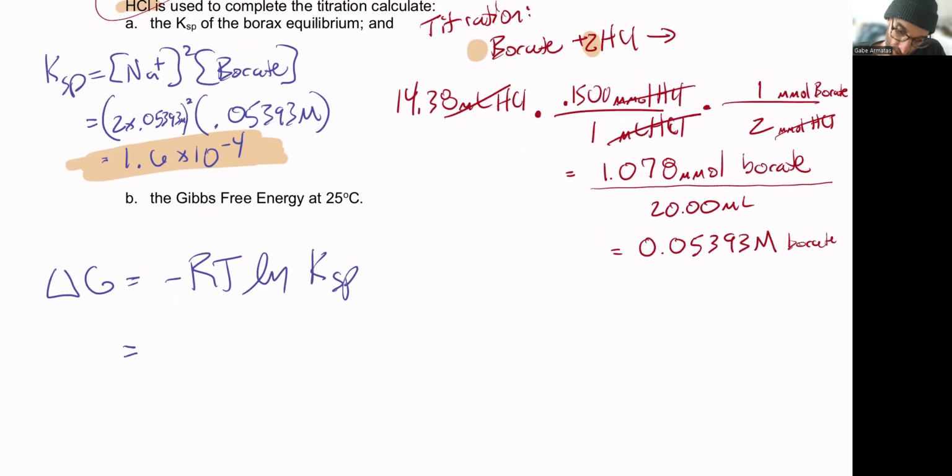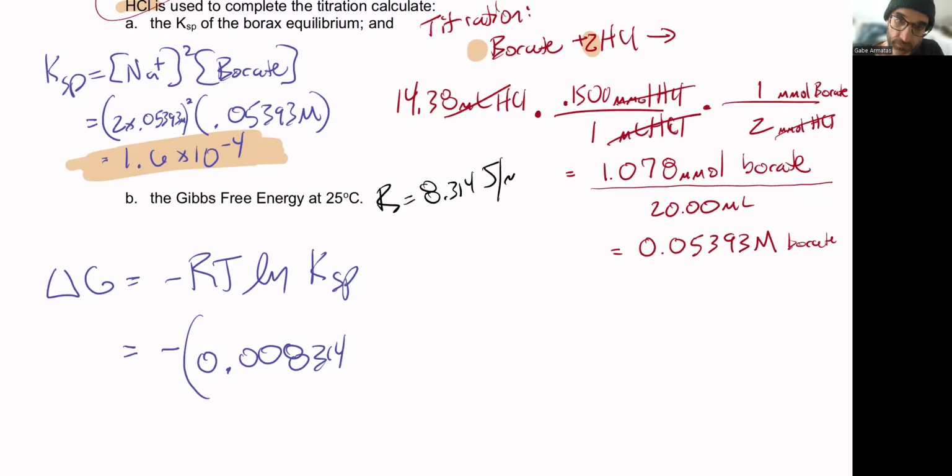Gibbs free energy. So my R value that I'm going to use is actually 0.008314. Remember, R is equal to 8.314 joules per mole Kelvin. But I want to make sure that I am using kilojoules because I do want my answers in kilojoules.